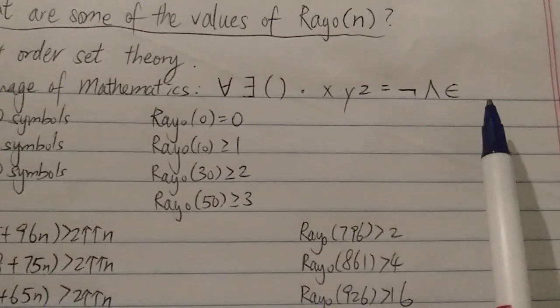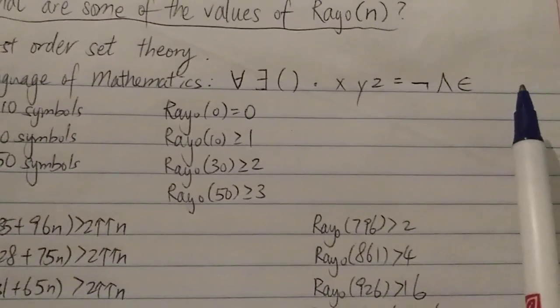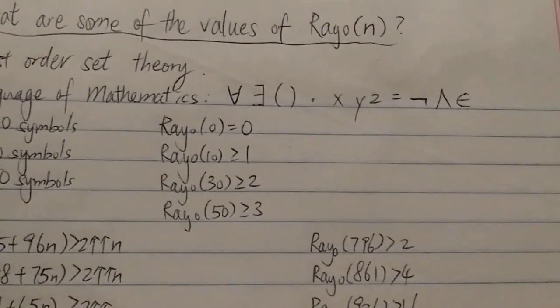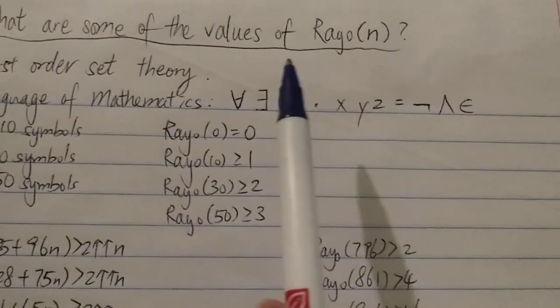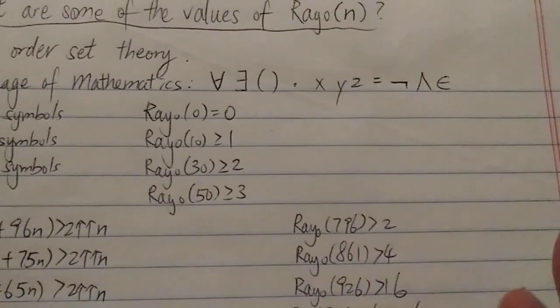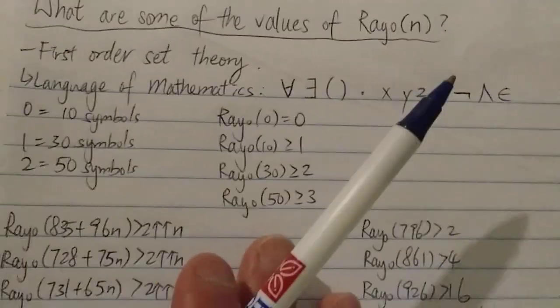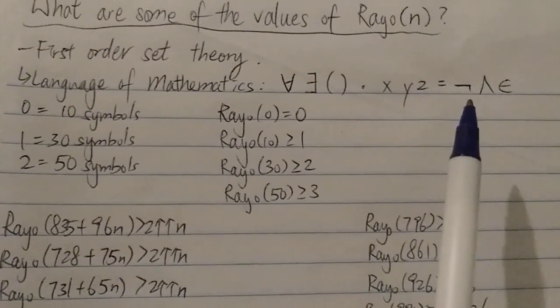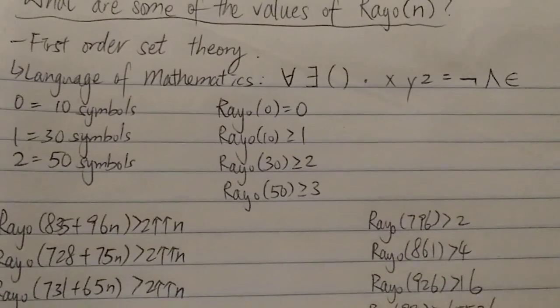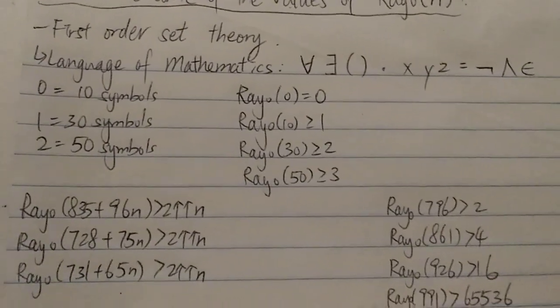These are some examples of the symbols used in first order set theory. Again, this theory doesn't use symbols like 1, 2, 3, 4, or plus. It's quite different. I'm not going to explain what these mean. You can Google it yourself.